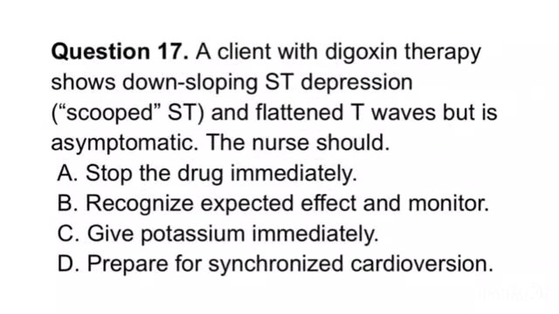Question 17. A client on digoxin therapy shows downsloping ST depression, scooped ST, and flattened T waves but is asymptomatic. The nurse should: A. Stop the drug immediately, B. Recognize expected effect and monitor, C. Give potassium immediately, D. Prepare for synchronized cardioversion.